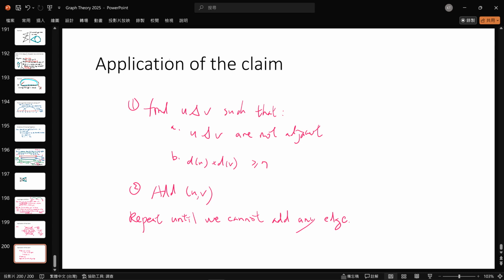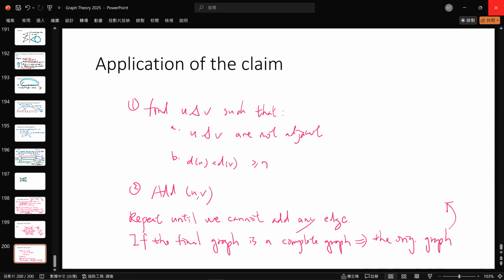And we check whether the graph is a complete graph or not. Okay. So this is an application of the claim.